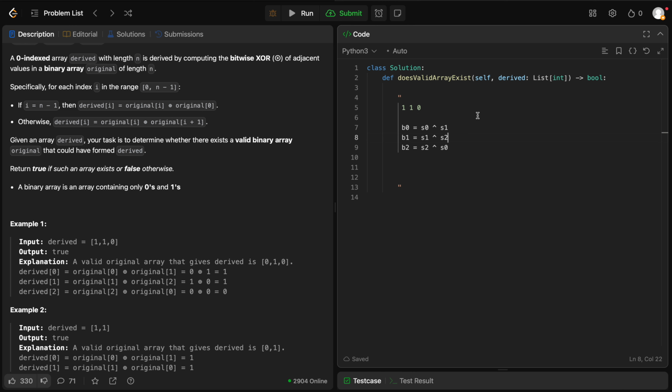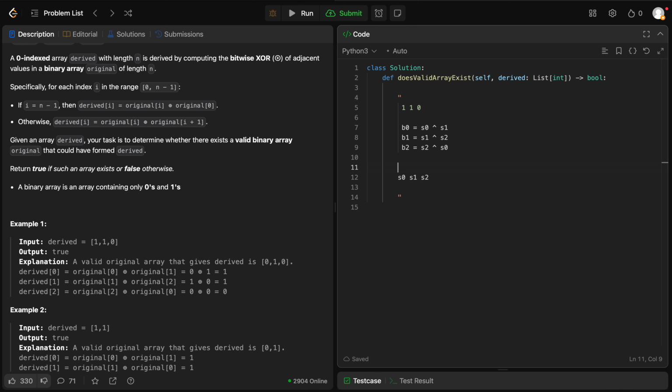Okay, so we have something like this, and we are looking for S0, S1, S2. That's the question. Since we know this is 1, we know something for S0.